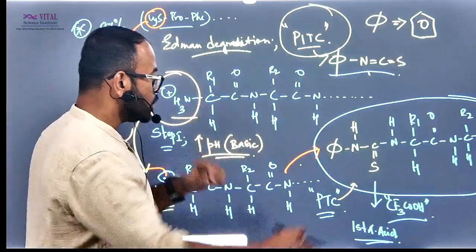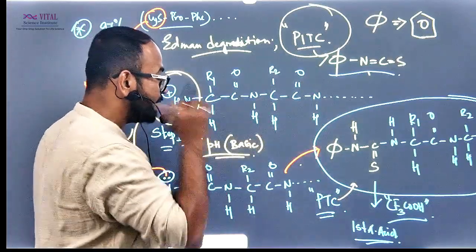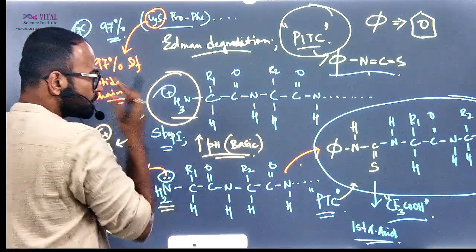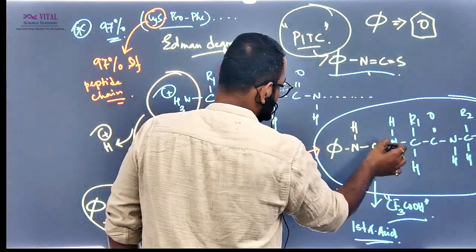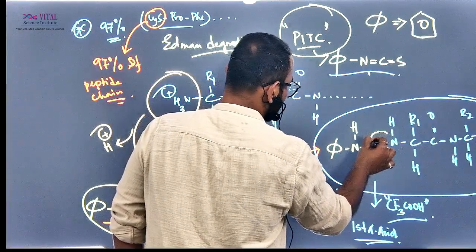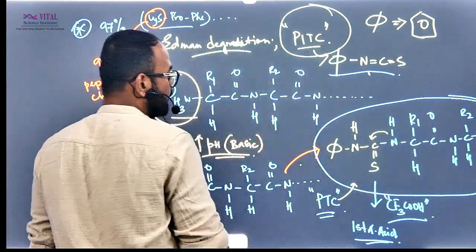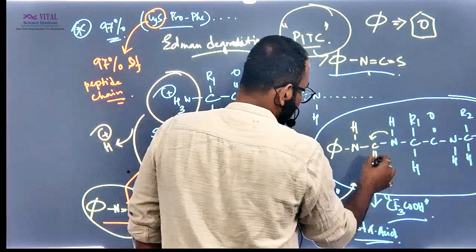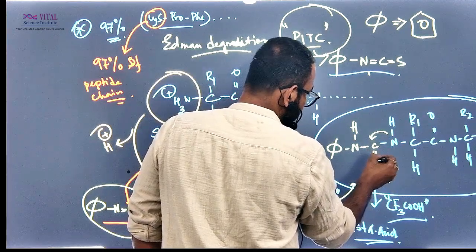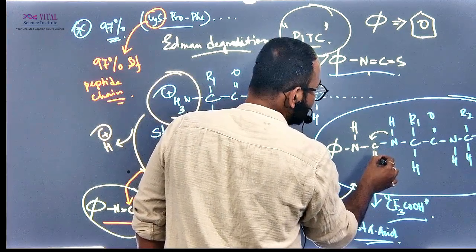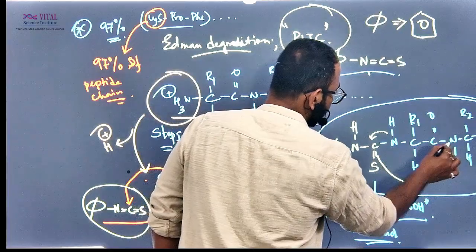During formation of this entire structure, what will happen? This nitrogen, which has a lone pair, will create a nucleophilic attack on this carbon, and readily that carbon will again conduct a nucleophilic attack over here.